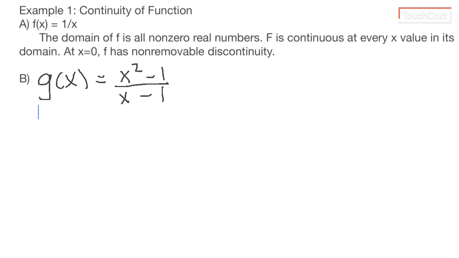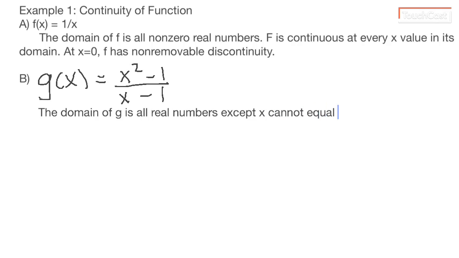Here we say, when we're looking at the domain of g, it is going to be all real numbers, except we know that x cannot equal 1. Because if x was 1, we'd have a denominator of 0, and we can't divide by 0.